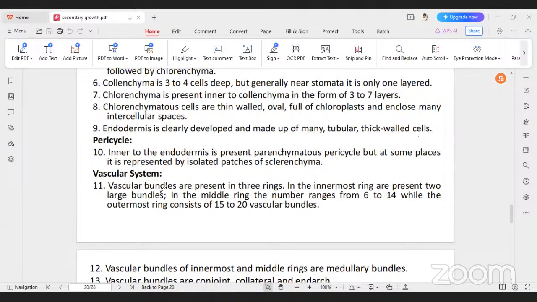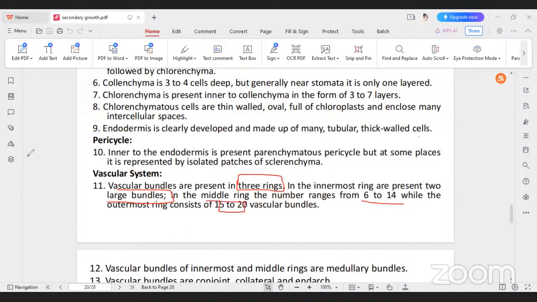Let's see. Vascular bundles are present in 3 rings. This is abnormal. How many rings of vascular bundles in general? One ring, but here 3 rings. That is abnormal activity. The innermost ring has 2 large bundles, the middle ring has number 6 to 14, and the outermost has 15 to 20.